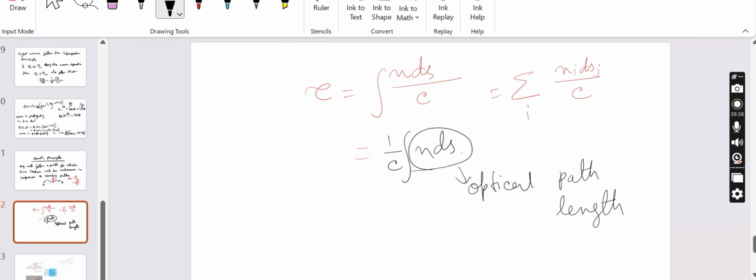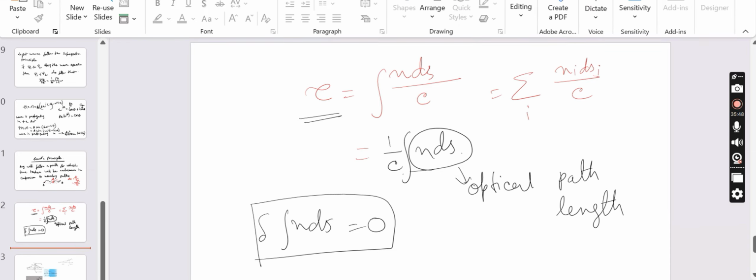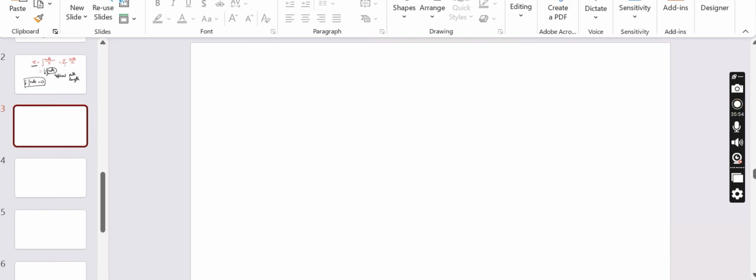So for the time to be extremum, that means maximum or minimum, the first derivative of it should be 0. So basically the first derivative of the integral of n ds should be 0, and from this we can derive the law of reflection, that sine theta 1 is equal to sine theta 2.